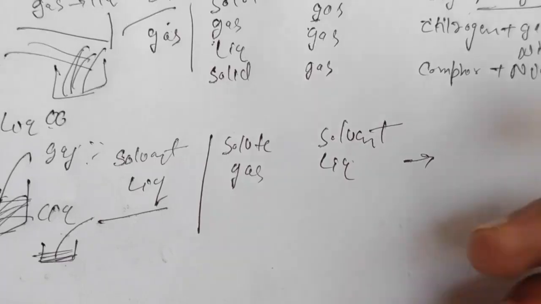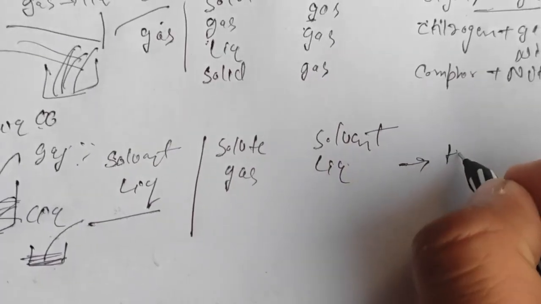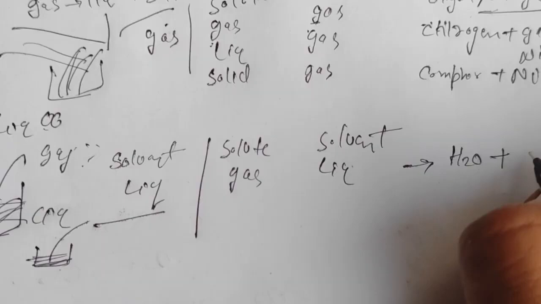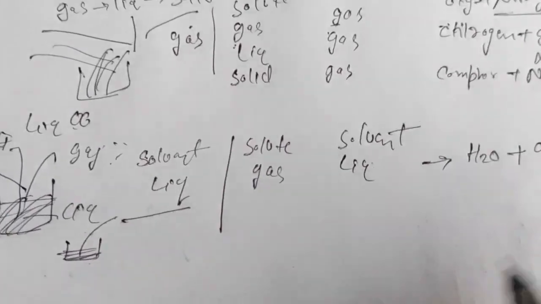For example, for the liquid we use water, H2O, and we add some gas, for example oxygen.